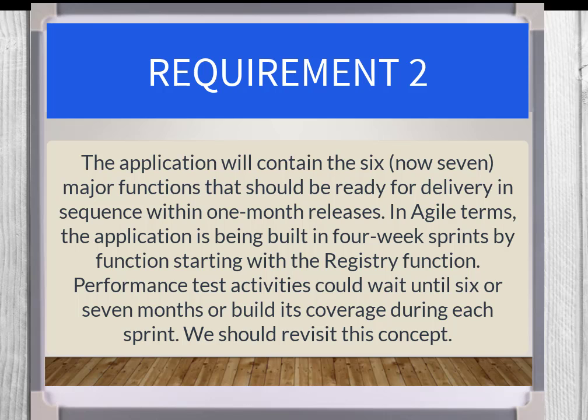In agile terms, the application is being built in 4-week sprints by function starting with the registry function. Performance test activities could wait until 6 or 7 months or build its coverage during each sprint. We should revisit this concept.